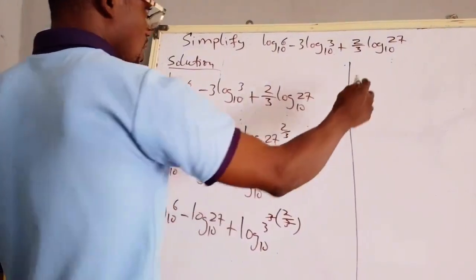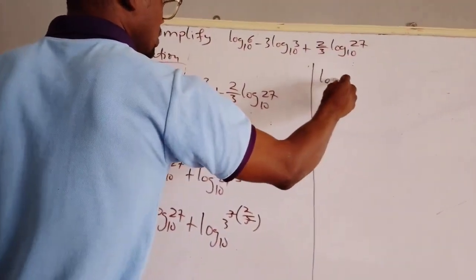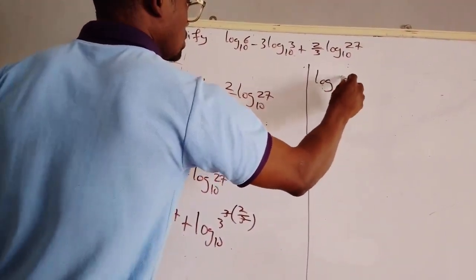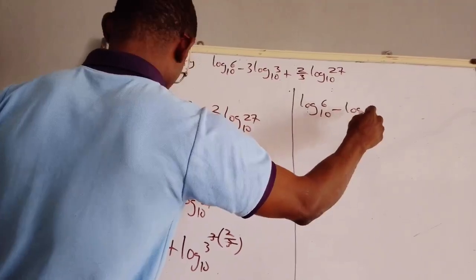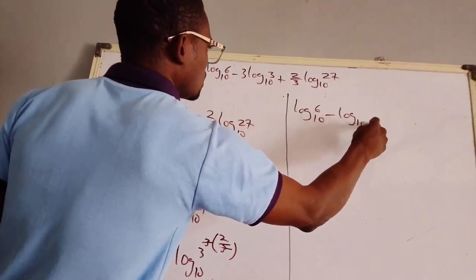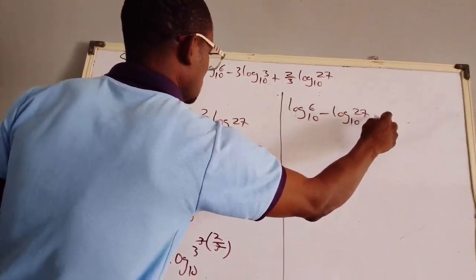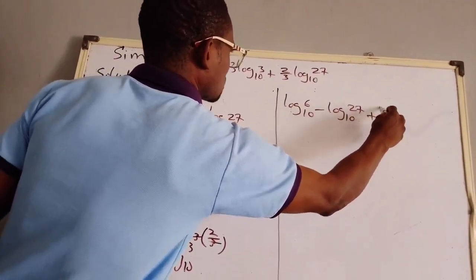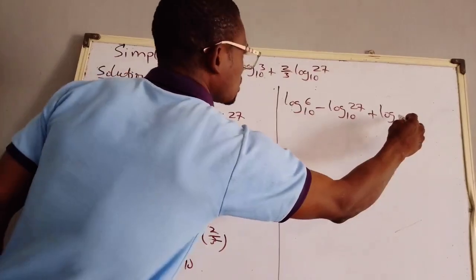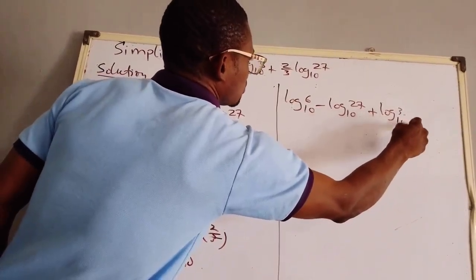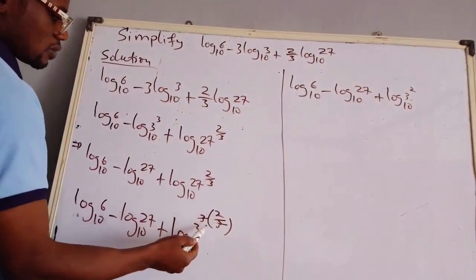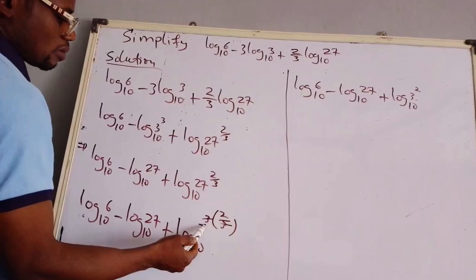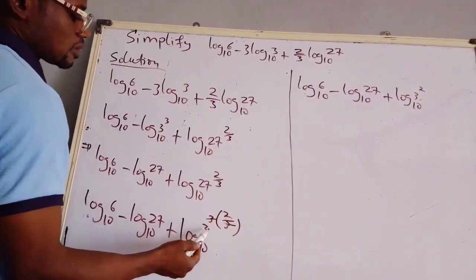Now what we are left with is log 6 base 10 minus log 27 base 10, alright, plus log 3 base 10 to the power 2. These two that remain is what is now the exponent of this log.